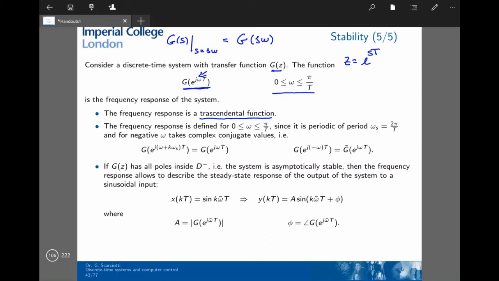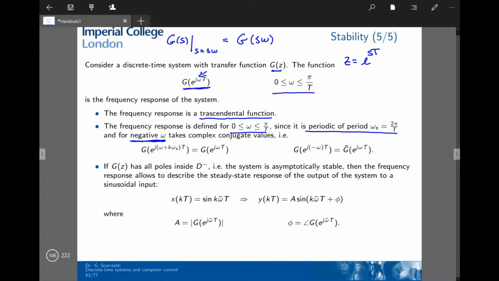Then, if we want to sketch the frequency response, there are some interesting properties that we can exploit to sketch this function. The frequency response is defined only for values of frequency in this range, and it is periodic of period ωs equal to π over T. Another interesting fact is that we can sketch also the frequency response for negative values of ω, and this is useful when we want to sketch the Nyquist diagram.